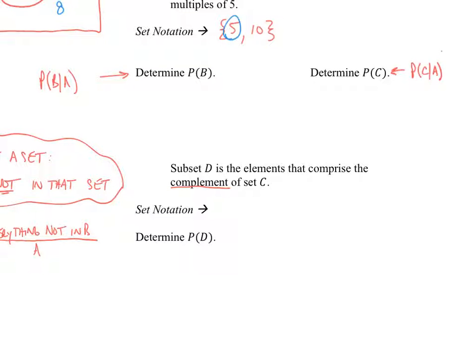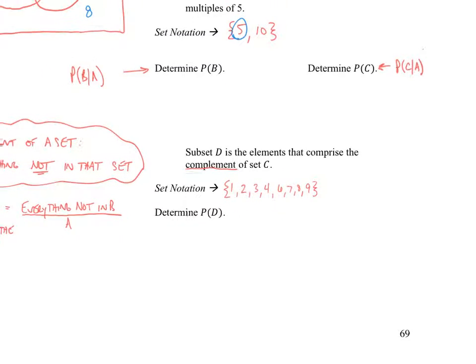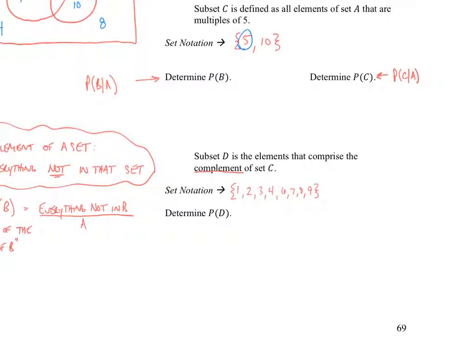So my first one of those is going to be 1. 1 is in set A but is not a multiple of 5. 2, 3, and 4 are all in set A but are not multiples of 5. 6, 7, 8, and 9 are also all in set A but are not multiples of 5. So in set notation, that's going to be all of the numbers that comprise the complement of set C.